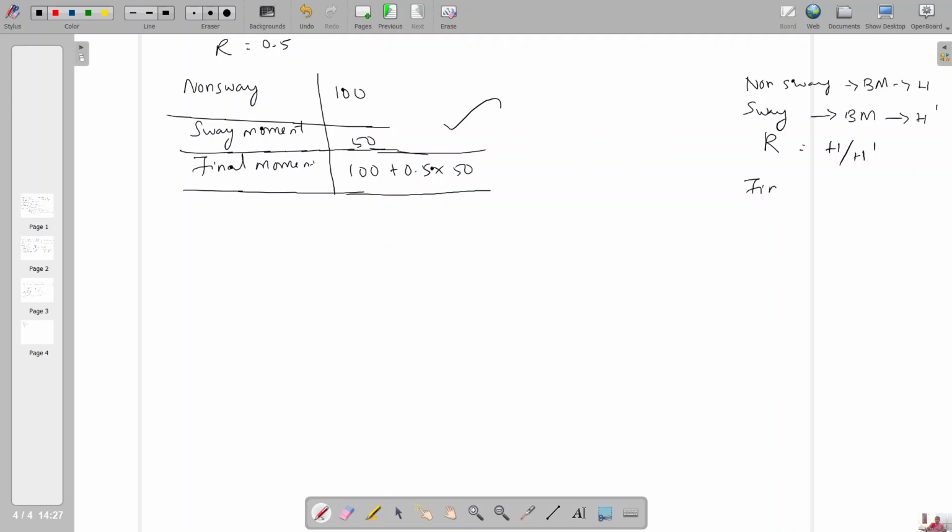You calculate the final moment. The final moment is equal to non-sway moment plus correction factor into sway moment. So this is the shortcut procedure you have to remember. With this understanding, we are going to do the problem in the next video.